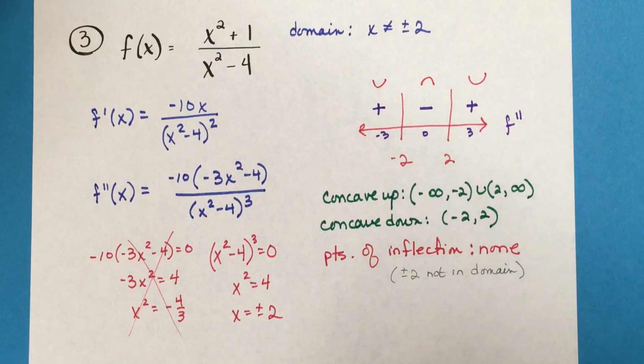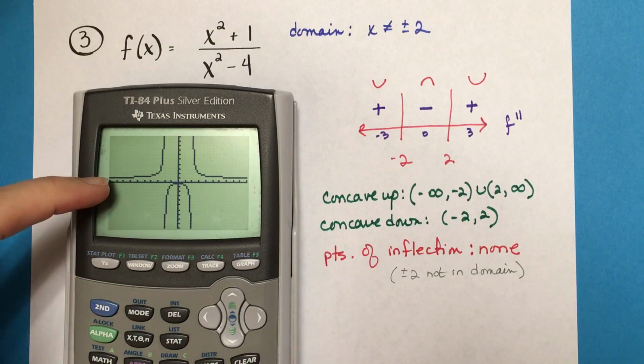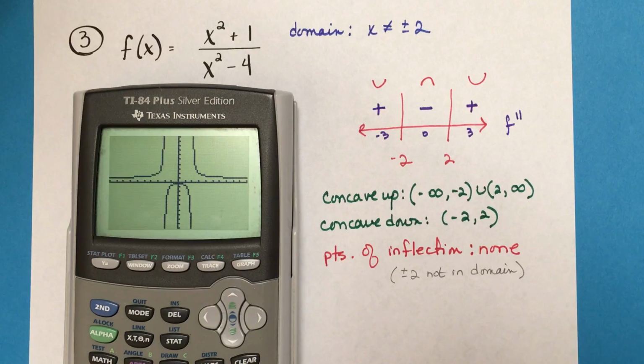Okay, let's look at this one on the calculator. So again, I've gone ahead and put it in my y equals. Now this is just the standard window, like if you do zoom 6. So this is negative 10 to positive 10. Same thing on the y, negative 10 to positive 10.